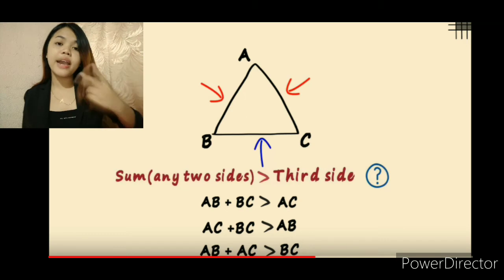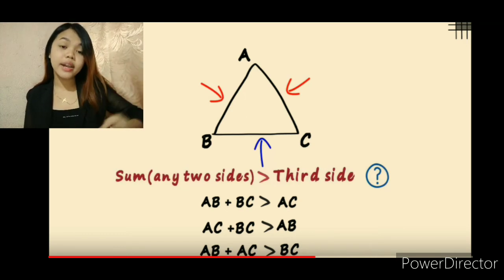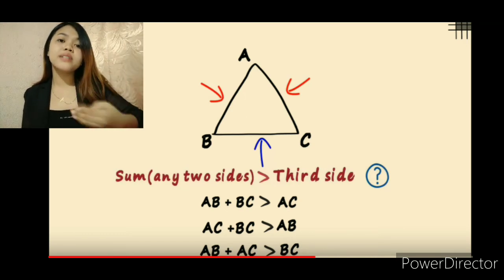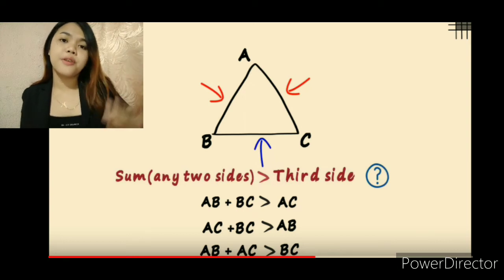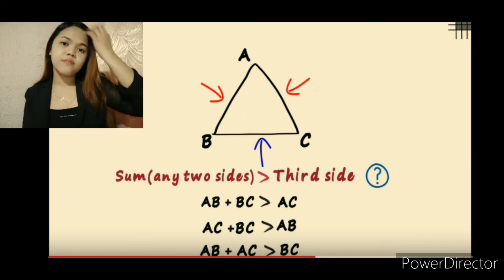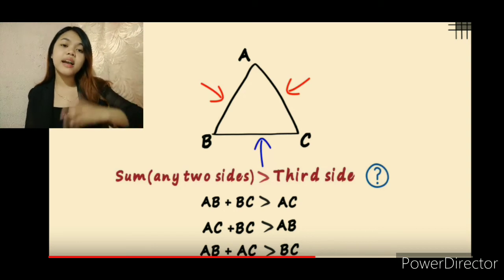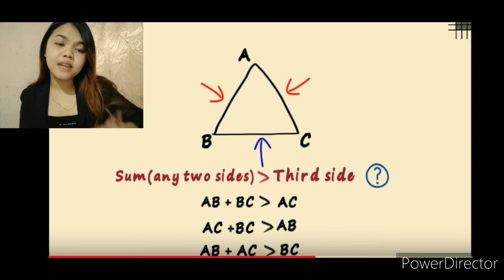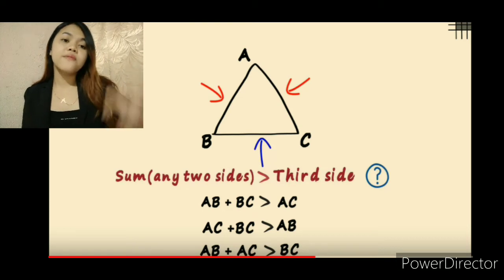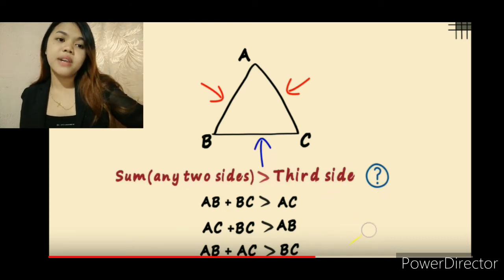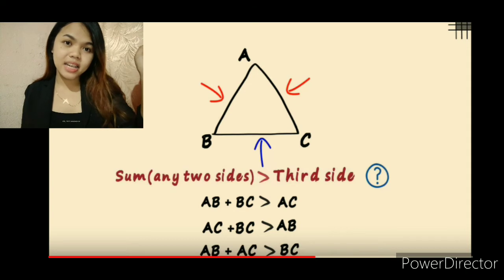Again, any two sides of a triangle is always greater than the third side. So that's a combination of the three. So we can say that the given lengths can form a triangle if it satisfies the three. Is that clear?